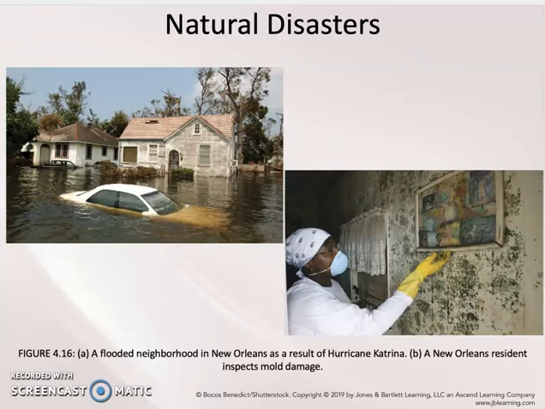This mold can be a problem for human health and has led to, in the case of Hurricane Katrina, a disease known as Katrina cough as a result of the mold that was so prevalent in the area afterwards.